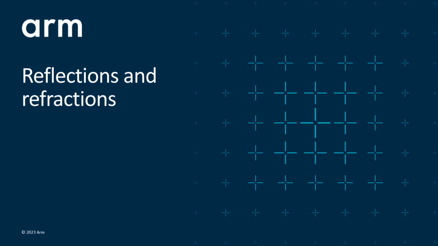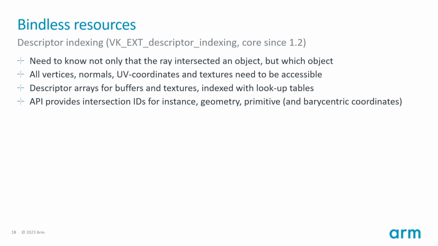Okay, then I will talk about how to implement the reflection and the refraction. So reflection and refraction are more complicated because we don't only need to determine if our ray hit something.